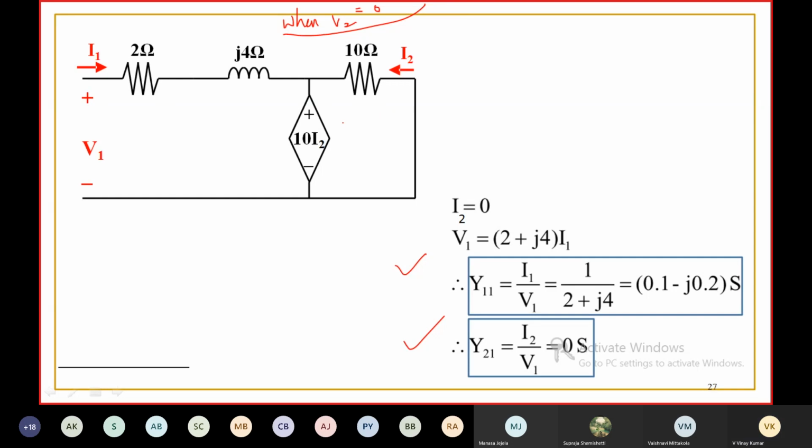Then here see, voltage at this point with respect to this point is what? 10 I2.